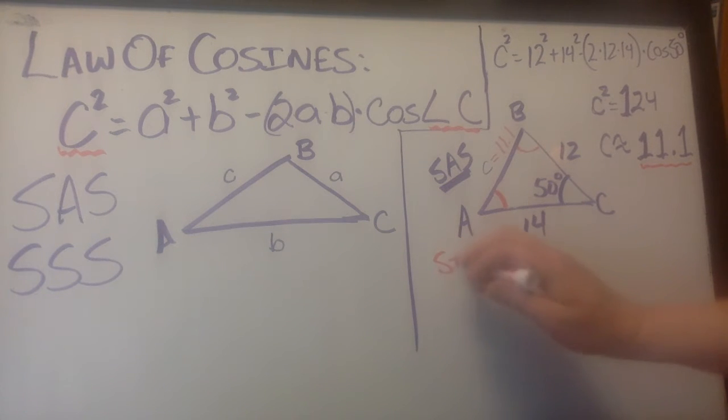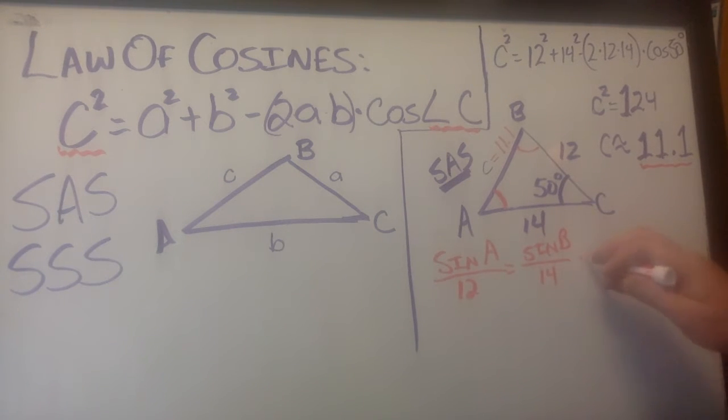The sine of angle A divided by 12 is equal to the sine of angle B divided by 14, is equal to the sine of 50 divided by, now I know, 11.1. Now, I want to find angle A and angle B. Obviously, I will cross multiply, and then I will do the subtraction.